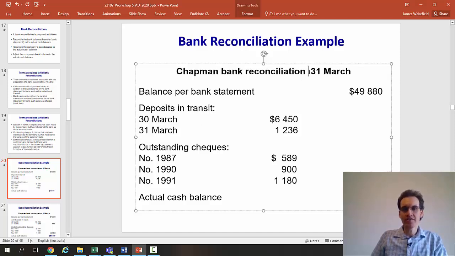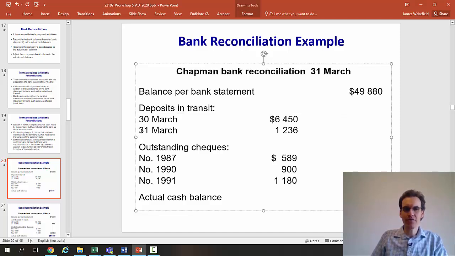So on the 31st of March, when we check our bank statements, say online, we realize that the amount we deposited on the 30th of March, which was only a day before, the bank has yet to process and therefore has yet to reflect that $6,450 in our account balance. So as part of doing this reconciliation, we add that amount to what is showing on our bank statement balance.